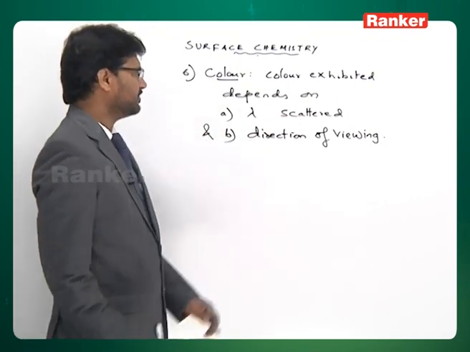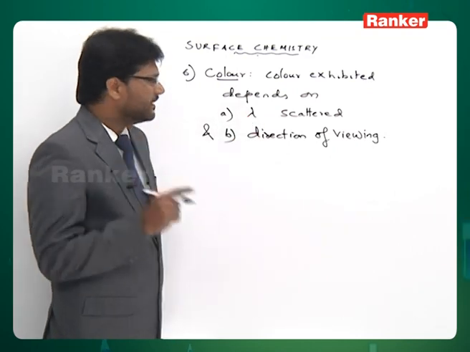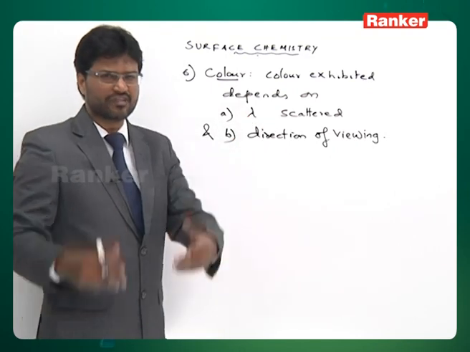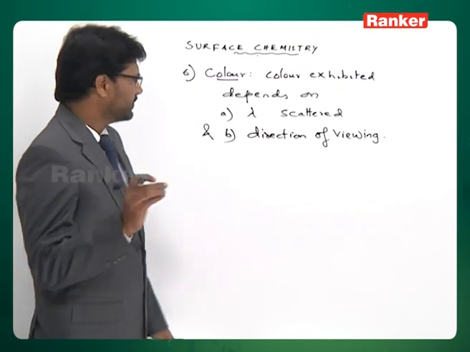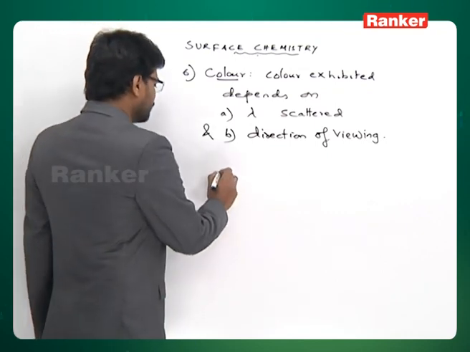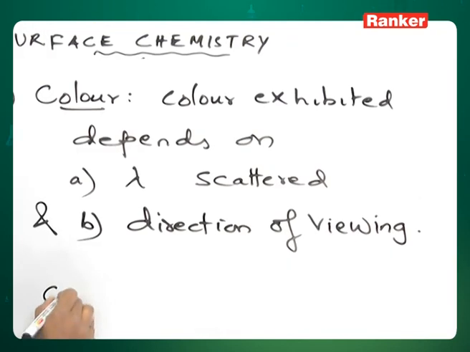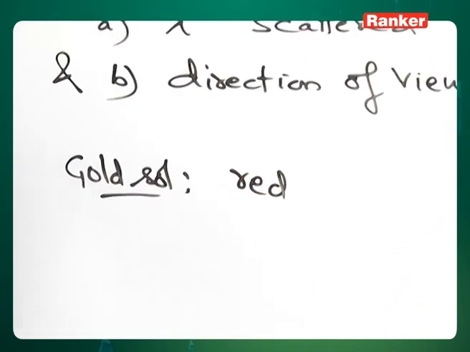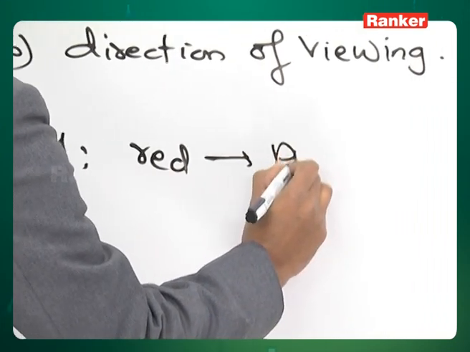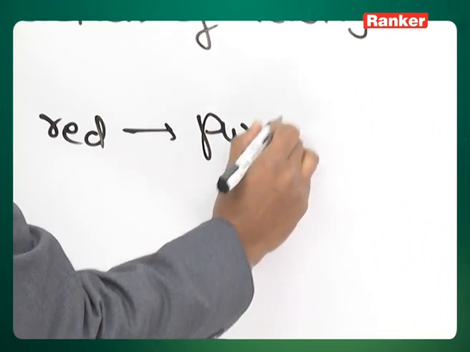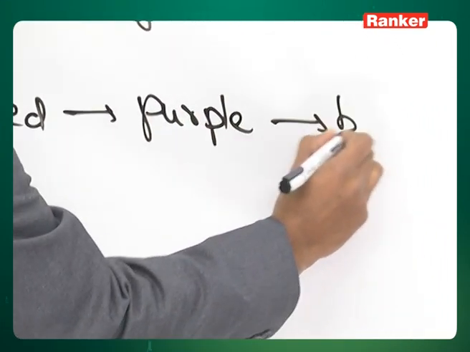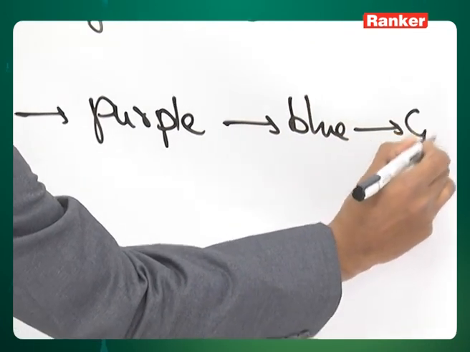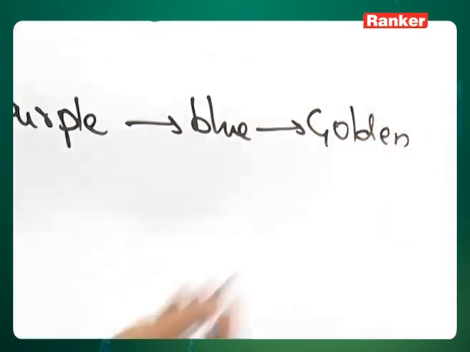Regarding this, the wavelength scattered in turn depends upon the size of the colloidal particles. Gold sol appears red. As the particle size increases, it becomes purple, then it becomes blue, and then it ultimately appears golden, its original color.